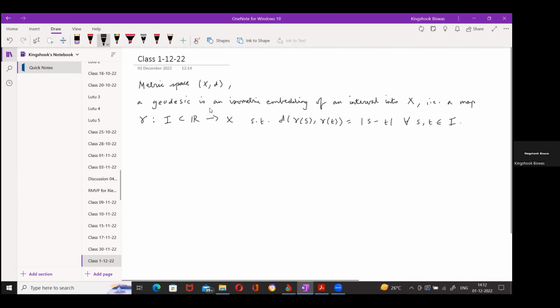Yeah. But it may not exist, right, in any arbitrary metric space. Correct, correct. So we say a metric space is geodesic if any 2 points can be joined by a geodesic.